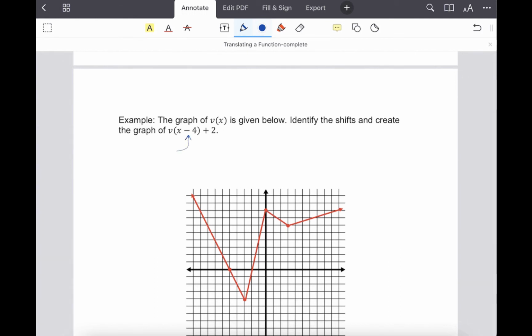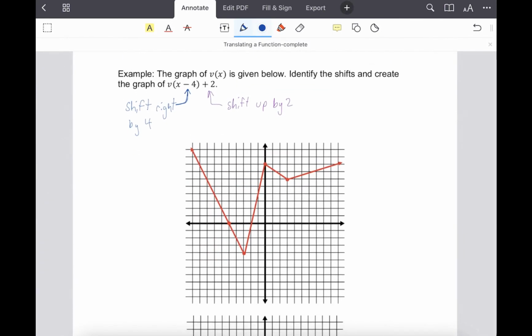This one is inside of the function, it's minus 4, so that's a shift right by 4. This is on the outside, and it's plus 2, so it's a shift up by 2. Shift up by 2.